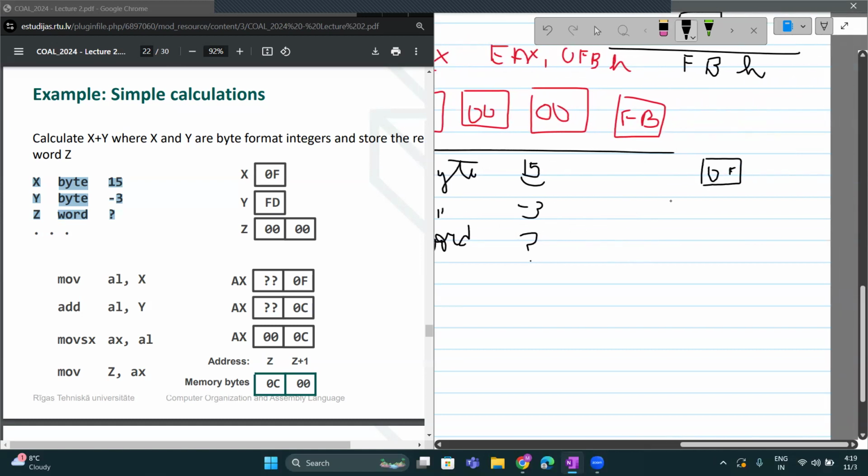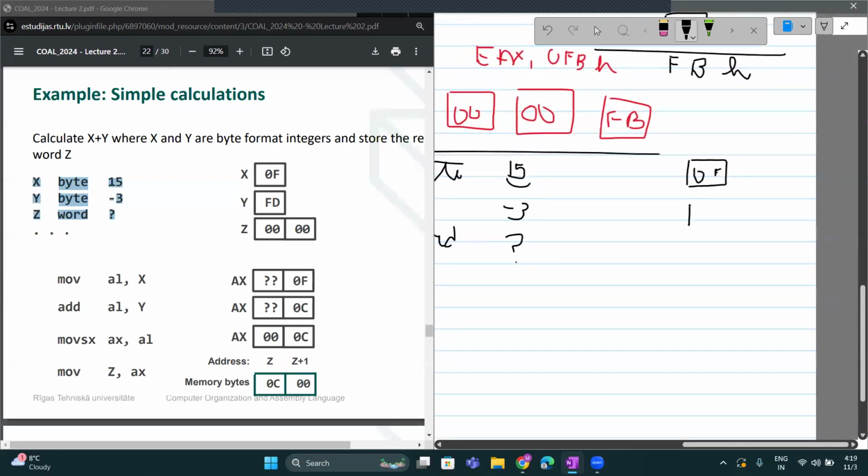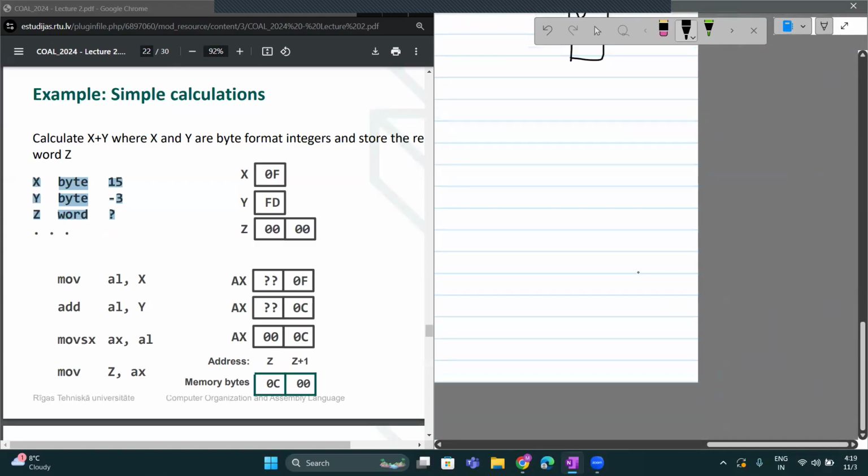What will -3 be in terms of hexadecimal? Let's try to convert it for practice.